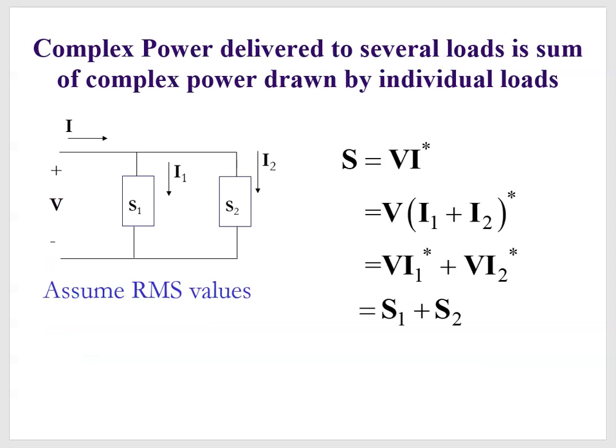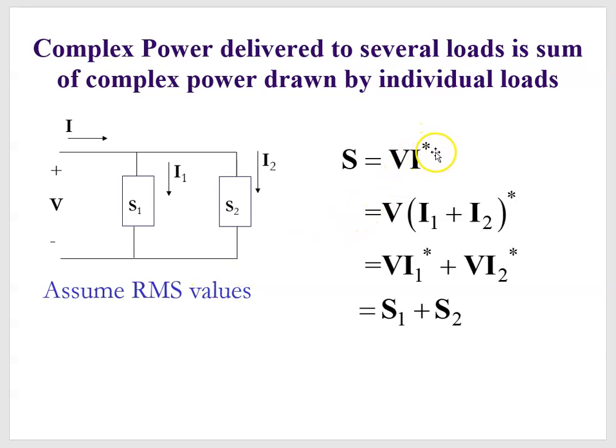Let's look at one more thing here. What's important to understand is that our complex power is additive, so we should have conservation of complex power. We said we can calculate complex power as our voltage phasor times our current phasor if we're using RMS values, but it's not the current phasor, it's the complex conjugate.